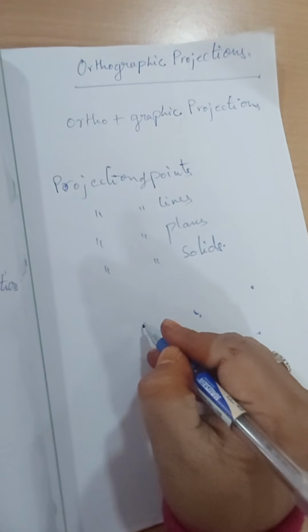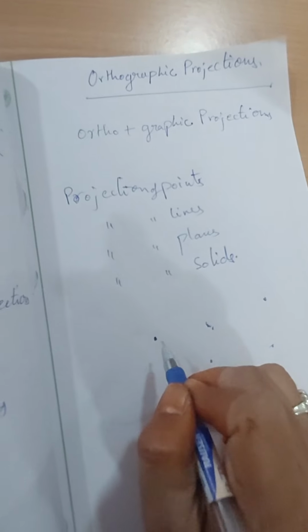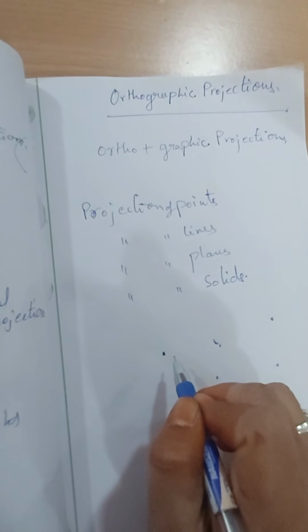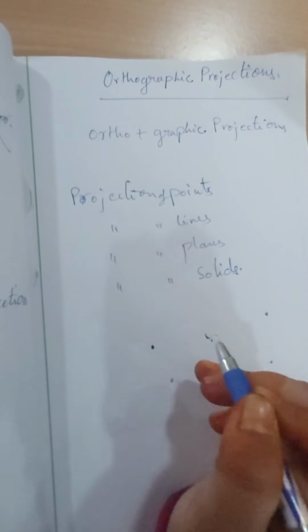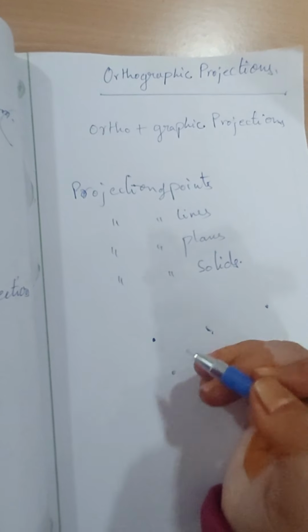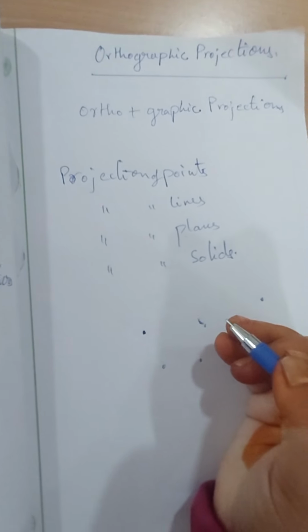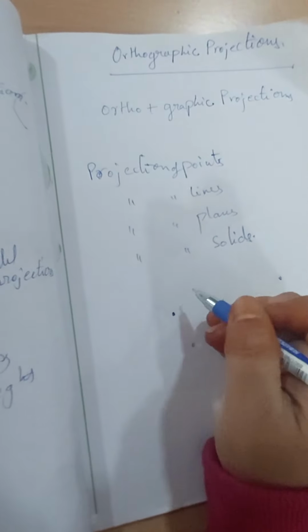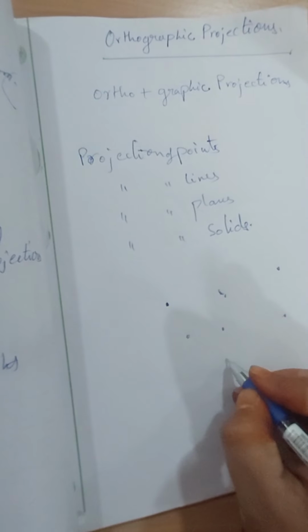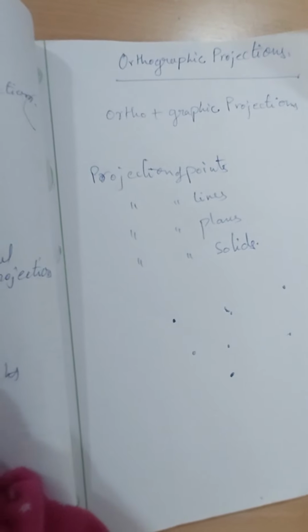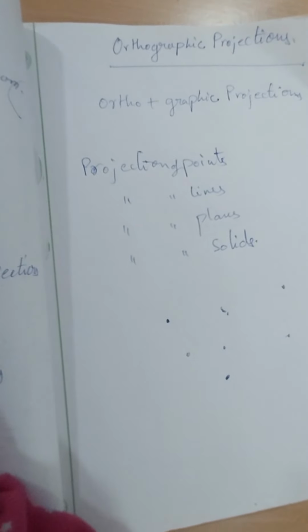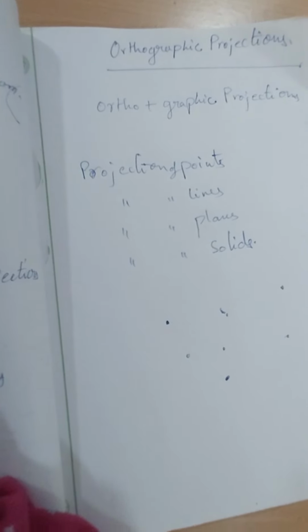So the dot is a dimensionless object for which we can give positions but not dimensions. For example, we can say that the point is located 20 mm above HP and 20 mm in front of VP, right?